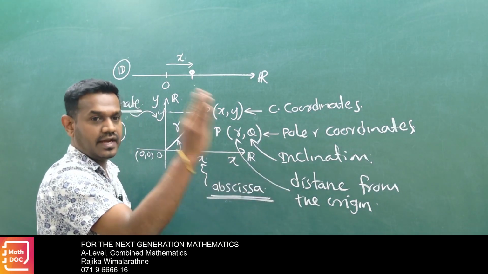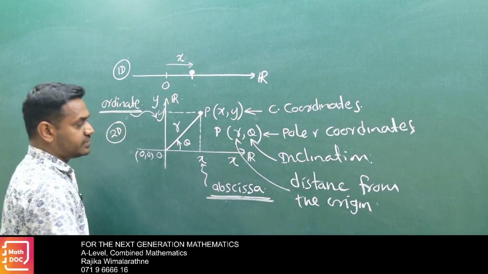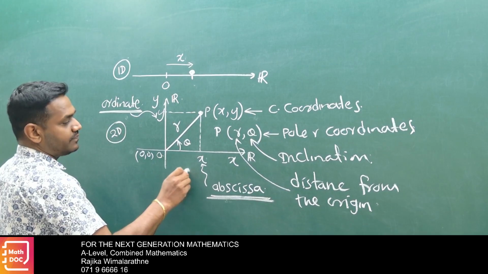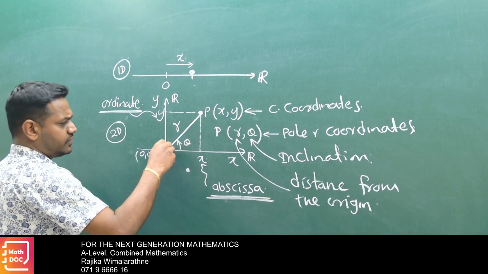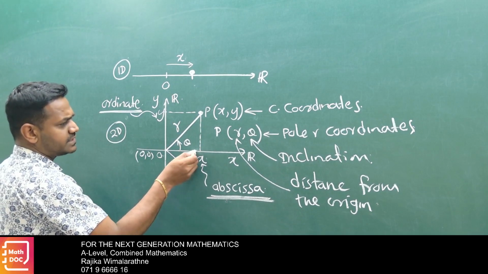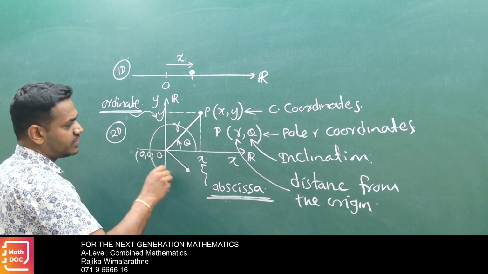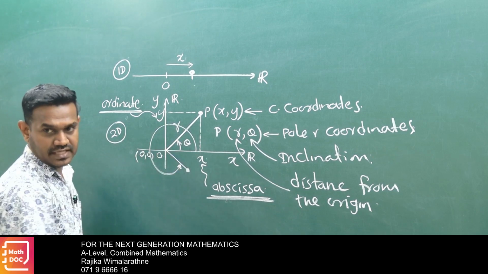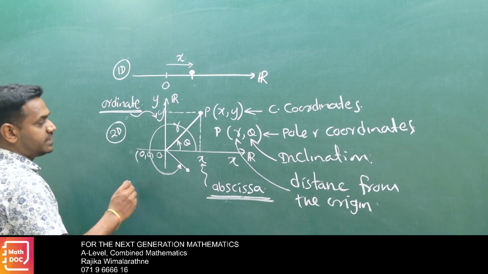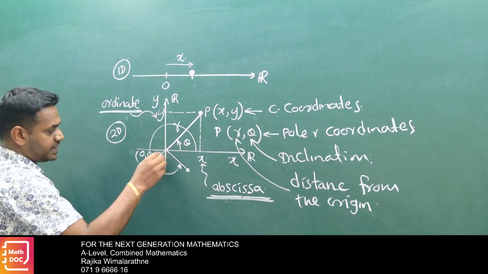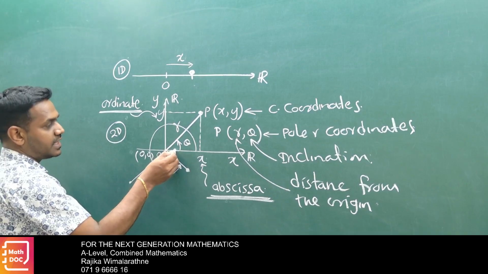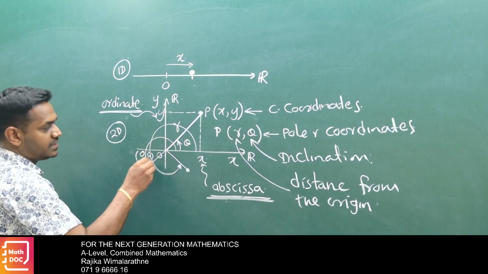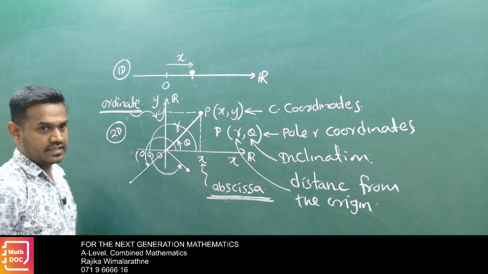So if you see some point somewhere here, you sketch this line, and from the positive direction of the x-axis you have to measure the full angle, not the clockwise angle. That is inclination.